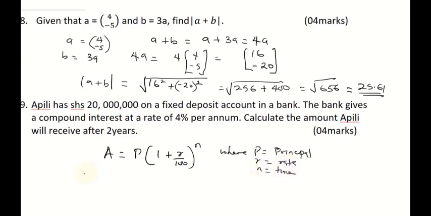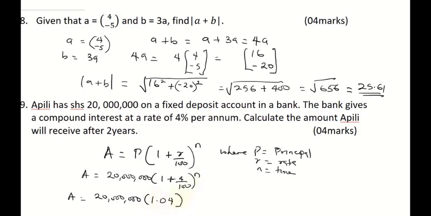Having established this, A is going to be 20 million into 1 plus 4 over 100, all raised to power n. So A is going to be 20 million multiplied by, 4 over 100 gives us 0.04, so this will be 1.04.